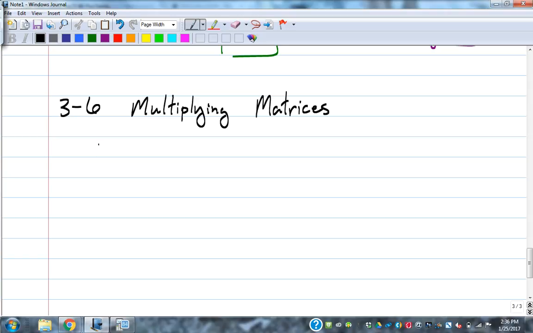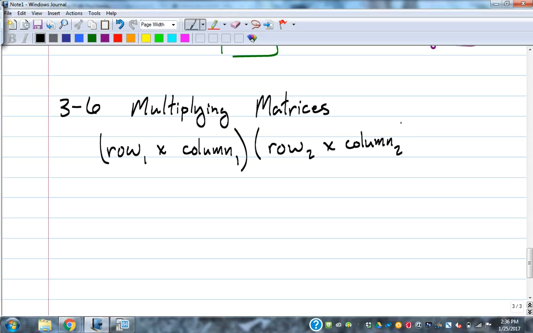So when you're multiplying matrices, row by column, and I'm using a subscript there. So I'm multiplying two matrices together. Their dimensions, I've got row 1, column 1. So this is the first matrix, the left-hand side one. The right-hand side one, I'm going to call it row 2 by column 2.